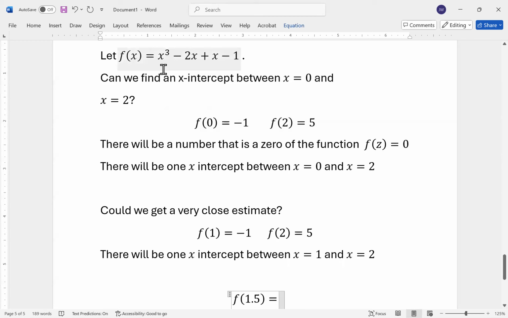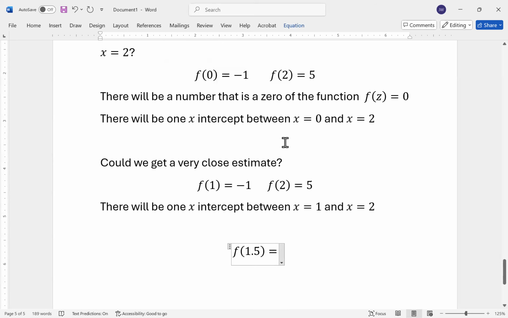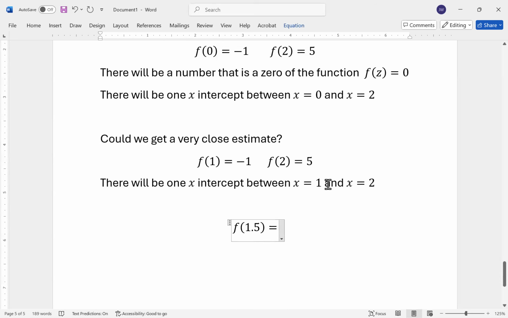So I take 1.5 cubed minus 2 times 1.5 plus 1.5 and then minus 1. And when I do that, I would get 0.875 as the output value. That is positive. f of 1 is negative.